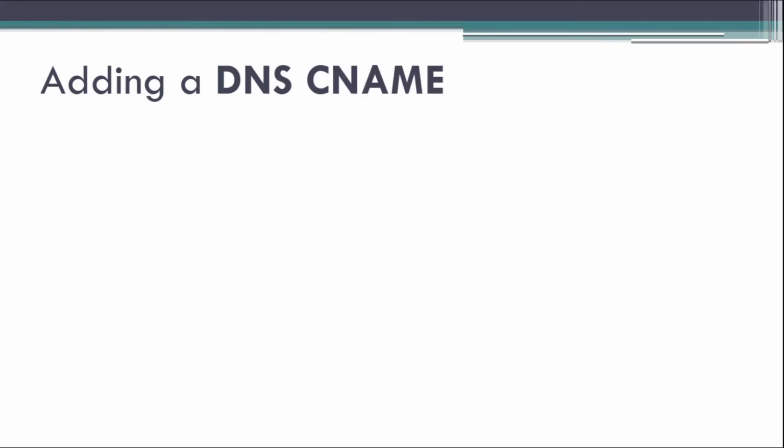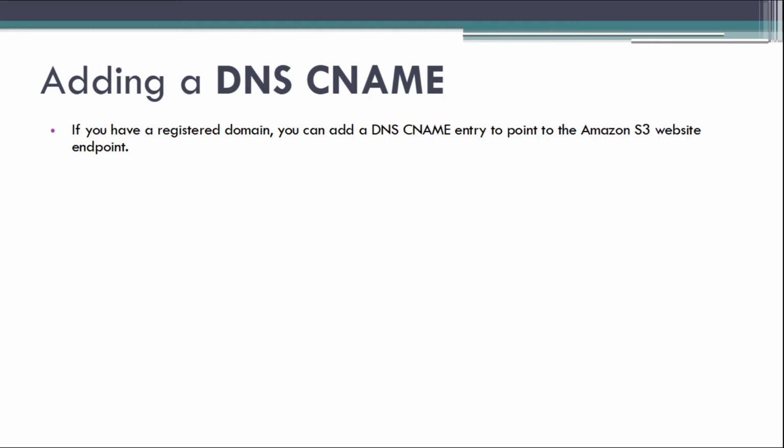Okay. Moving ahead, adding a DNS CNAME. If you have a registered domain, you can add a DNS CNAME entry to point to the Amazon S3 website endpoint. So if you already registered your domain name, in your CNAME field you can use your Amazon S3 website endpoint. So you can use your domain name for your website which is hosted on Amazon S3.